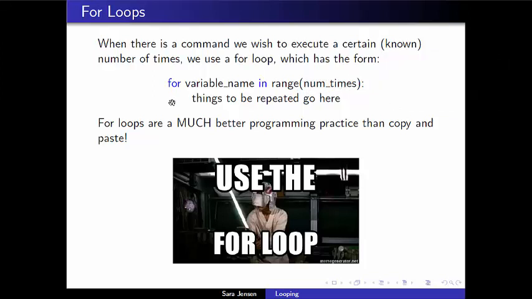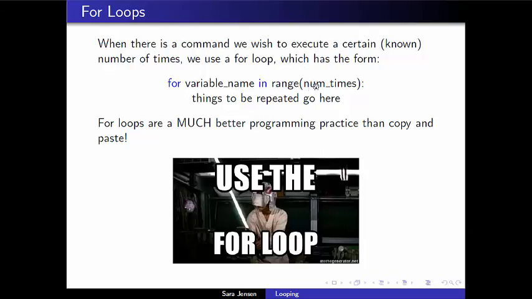What is in essence going to happen is we are going to create a variable with this particular name, and we will start by assigning it the value of 0. Then the things that need to be repeated will be executed one time, and at the very end we will return back up to this line of code, and that variable that we've created will be reassigned the next value in the range.